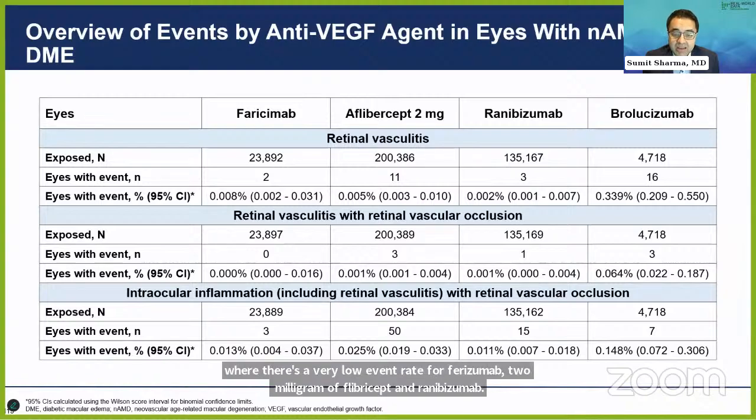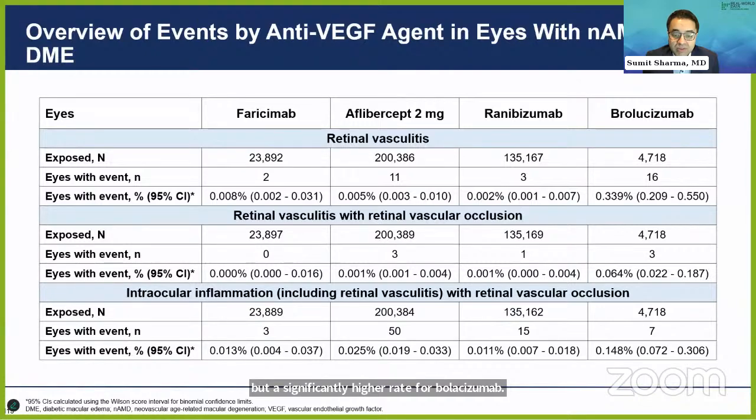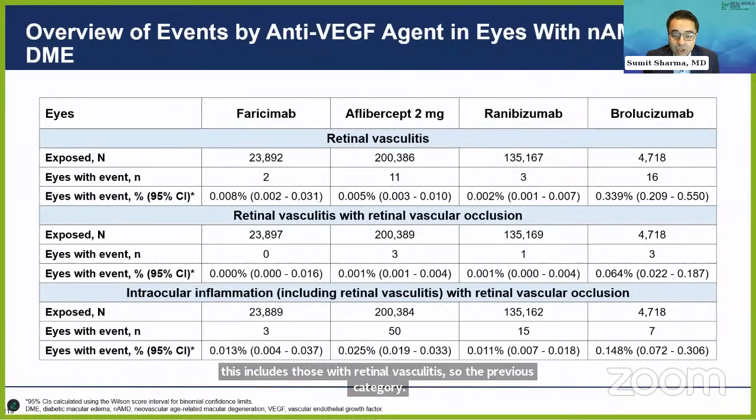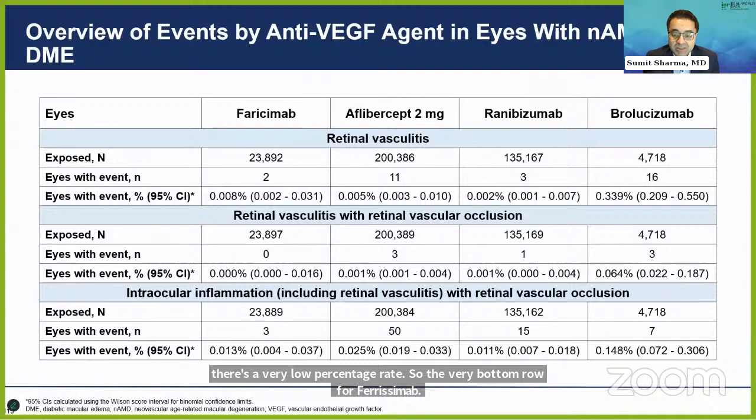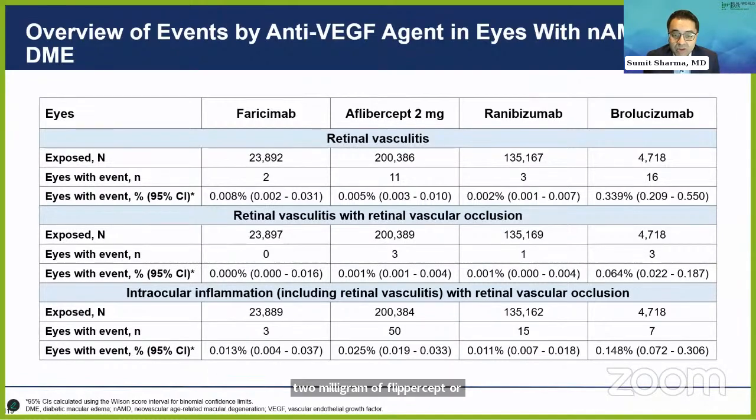And then cases with either intraocular inflammation, which includes those with retinal vasculitis, the previous category, with retinal vascular occlusion, we can also see a very low percentage rate, the very bottom row, for faricimab, 2 milligram aflibercept, or ranibizumab, and a significantly higher rate for brolucizumab.